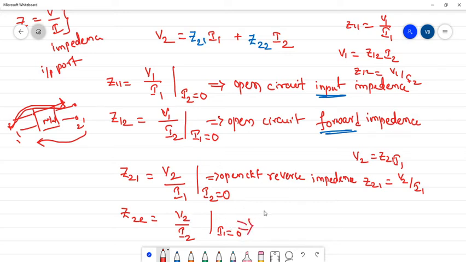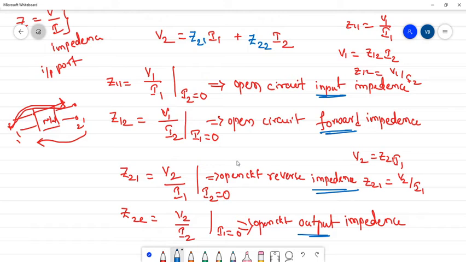That is also V by I, which is nothing but impedance. We are calculating in open circuit only, so this is the open circuit output impedance. All are looking similar, but don't confuse. Practice is very important here.